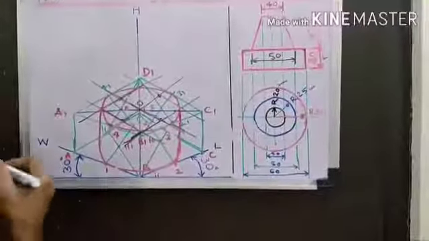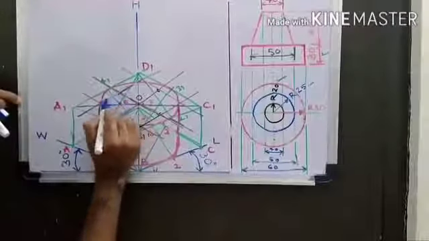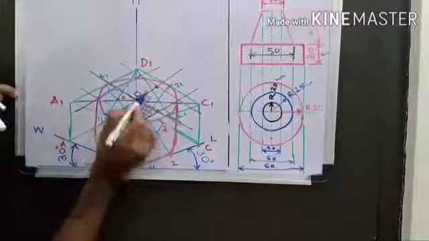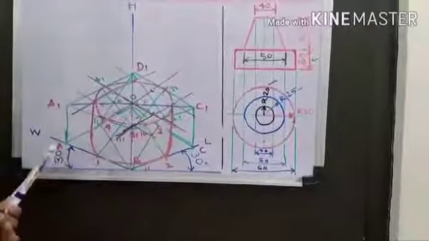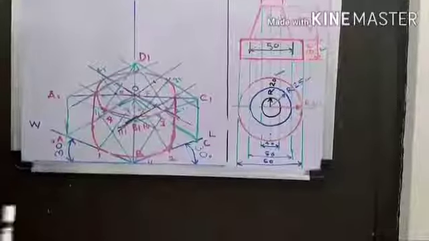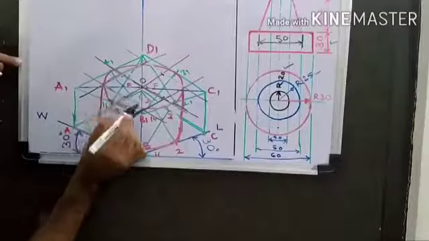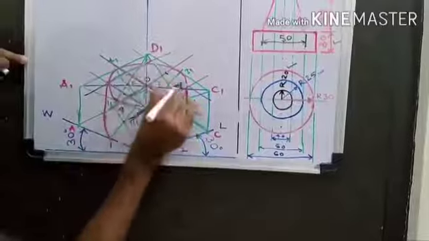So 50 by 50 I am drawing again. This is 50. This is 50. With black color line I can show. Color is not getting. Right.